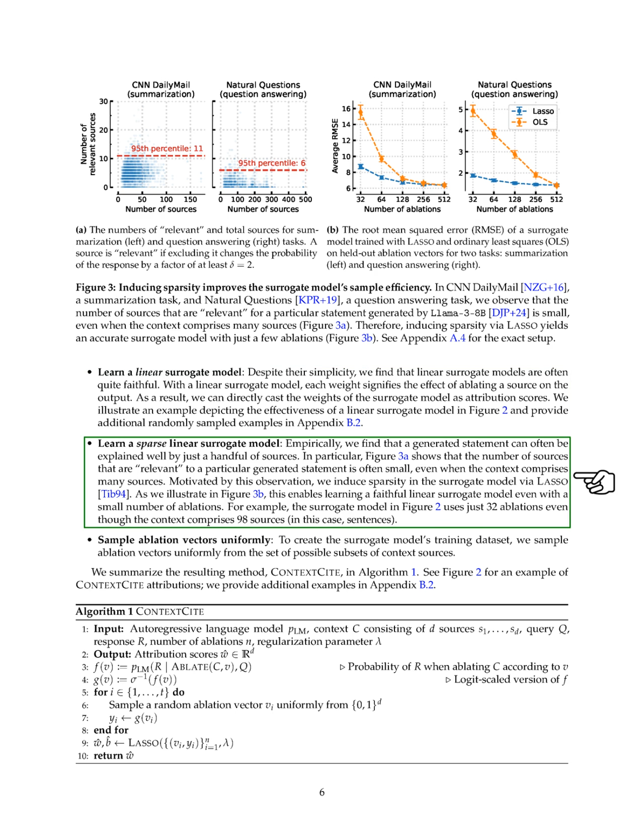We also learned a sparse linear surrogate model, as we observed that only a few sources typically explain a generated statement well. We induce sparsity using lasso, which helps maintain a faithful model even with fewer ablations. Finally, we sample ablation vectors uniformly from the possible subsets of context sources to create our training dataset.